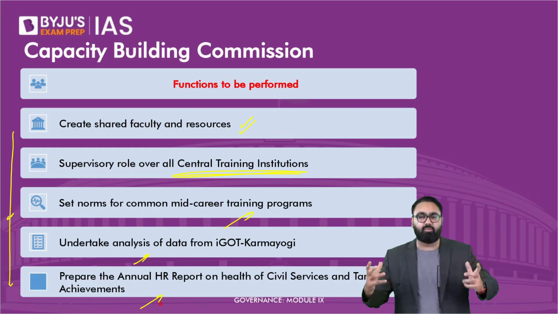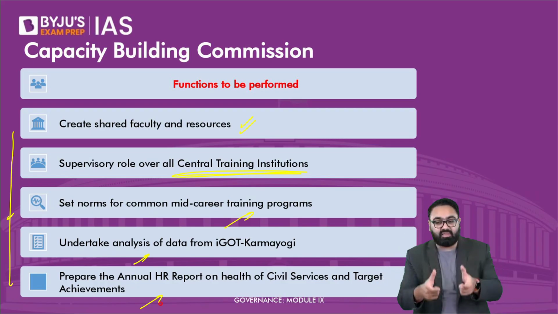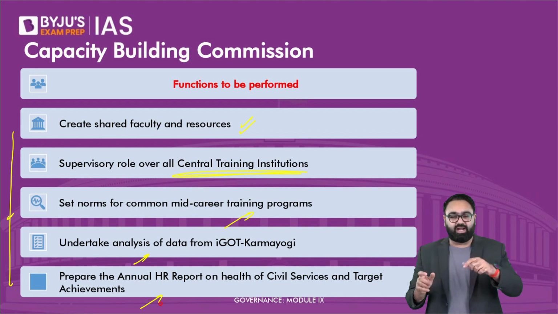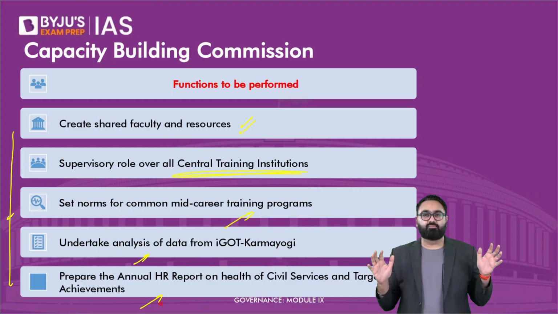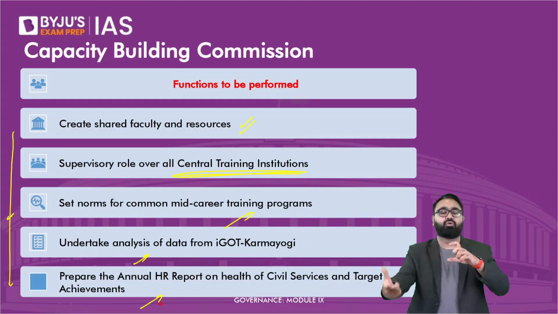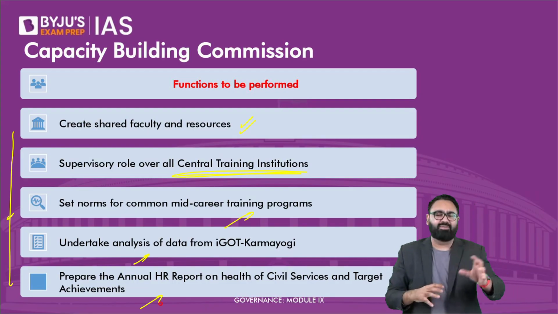What kind of annual report? For example, from Madhya Pradesh cadre, most IAS officers attended the course. Let's say from Rajasthan cadre, least number of officers attended the course. Or they'll prepare a report that which officer is consistently doing the course better, which officer is consistently doing this in a worse manner, whatever.